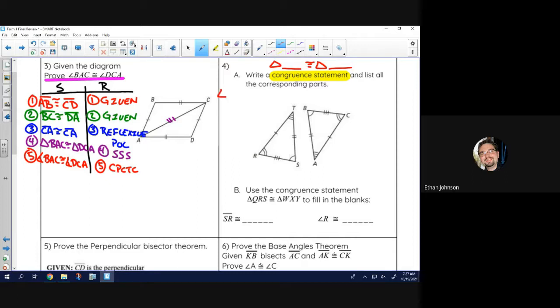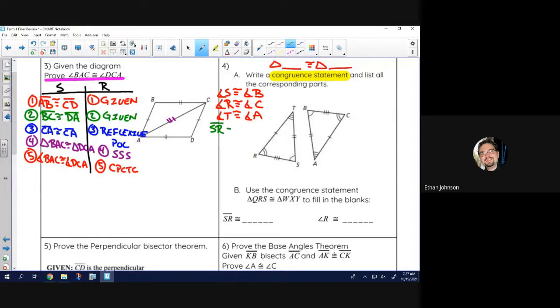So I know angle S has one arc, matches with angle B. I know angle R has 2 marks, and that matches with angle C. I know angle T has 3 marks and matches with angle A. So there's our angles, sides.